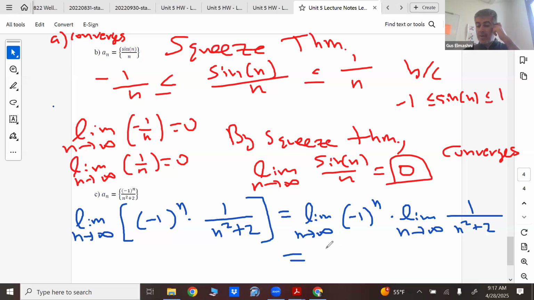Now, even though this one alternates between -1 and 1, that's -1 or 1. But guess what? You're always multiplying by what? Yeah, that's 0. So you get 0.